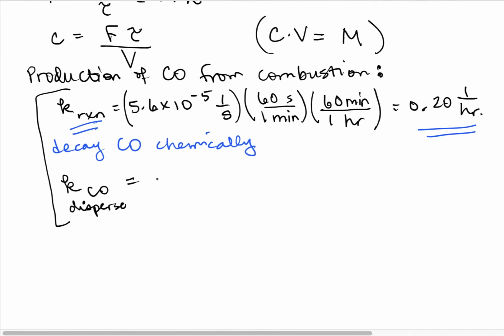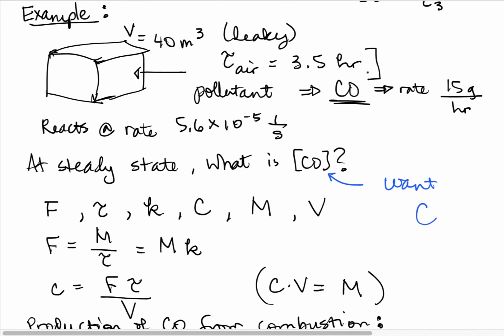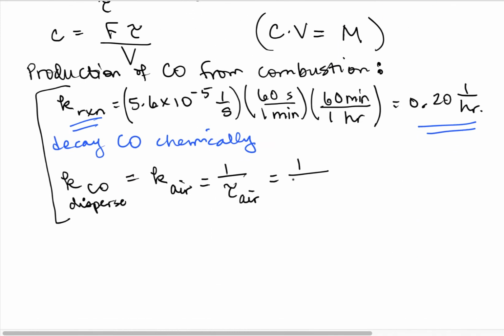So we can say that this is equal to the reaction rate of the air, which should be 1 over the residence time of the air. And that number, just a moment ago, was 3.5 hours. So we have 1 over 3.5 hours. And if we do that math, we should get 0.29, and then we have 1 over hour units.